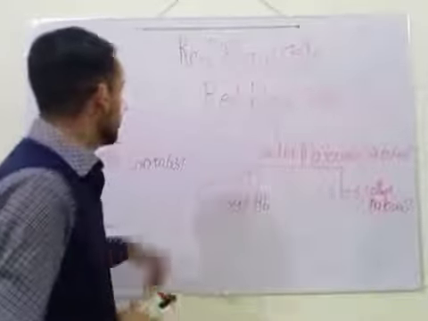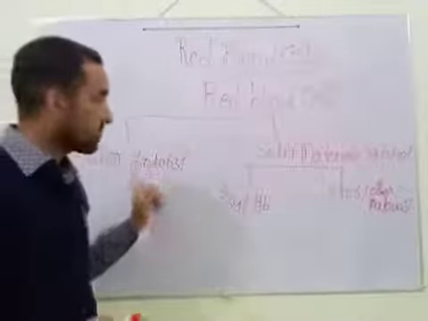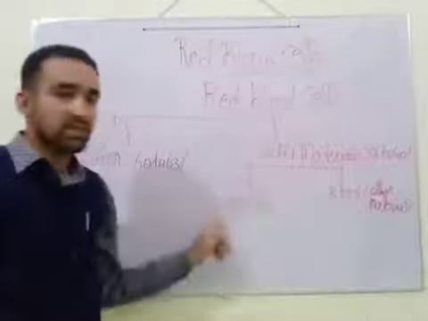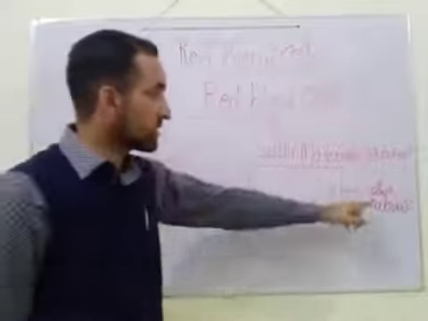Very simple. Red blood cell consists of 60 to 63% water and 37 to 40% solid material. In solid material, 34% is hemoglobin and 3 to 6% is other material.